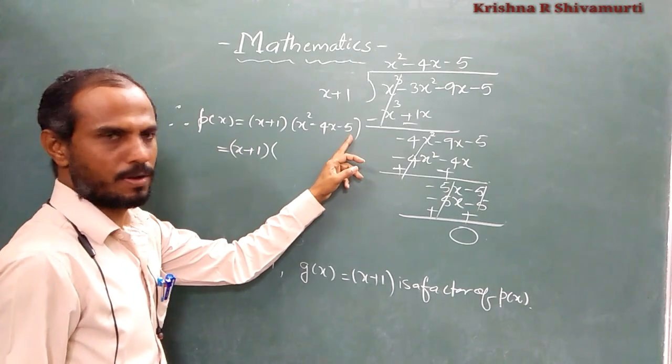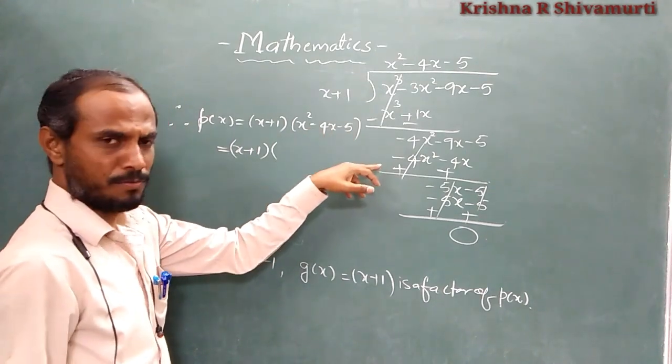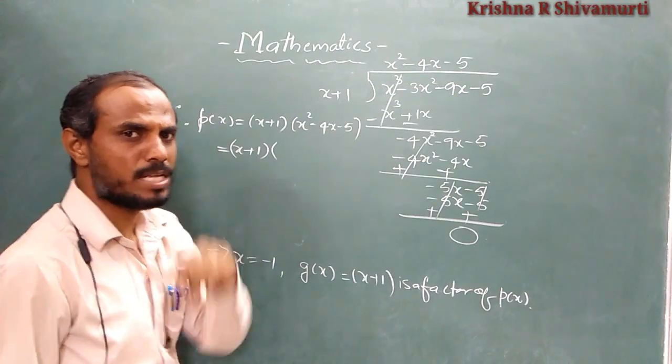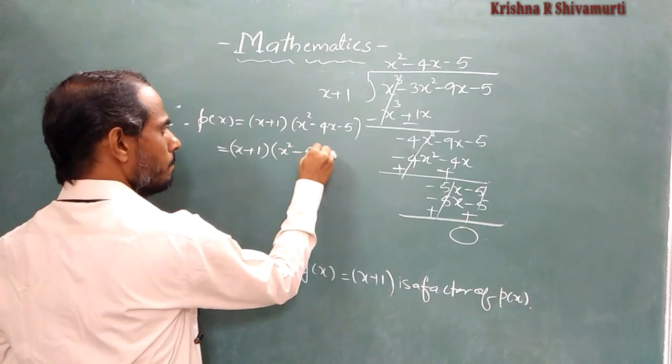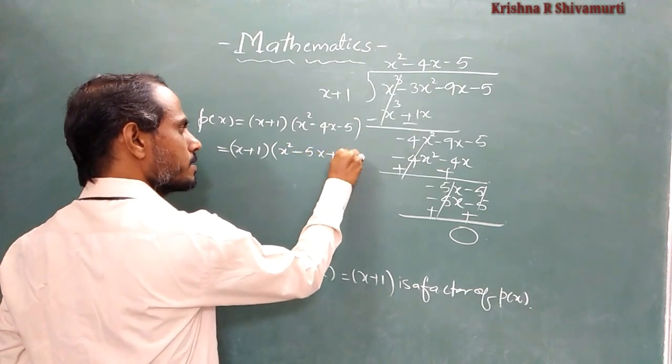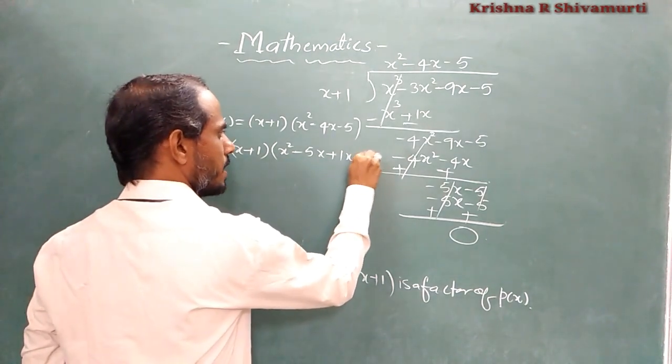Multiplied minus 5, algebraic sum minus 4. 5 ones are 5, 5 minus 1 is 4. That is x square minus 5x plus 1x, minus 4x expressed in this form, minus 5 as it is.